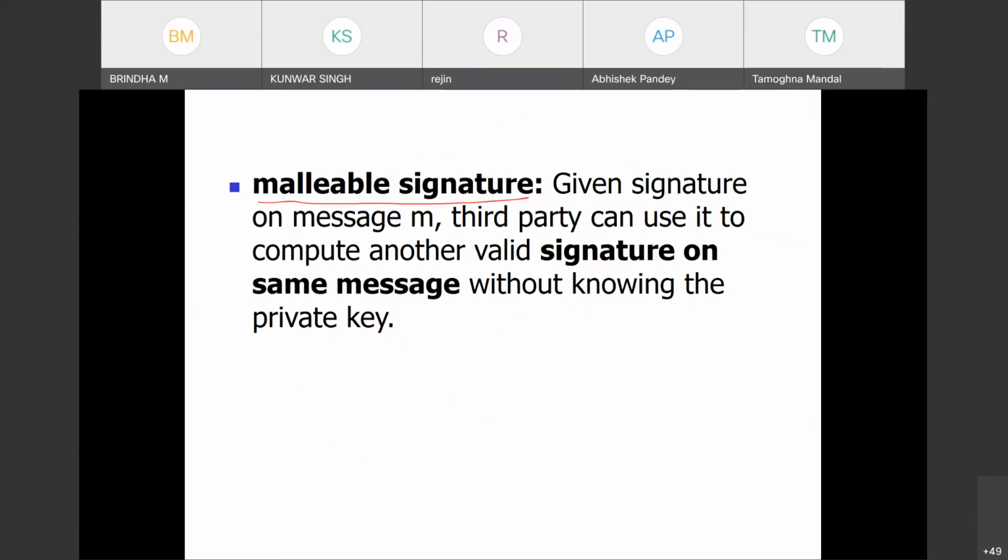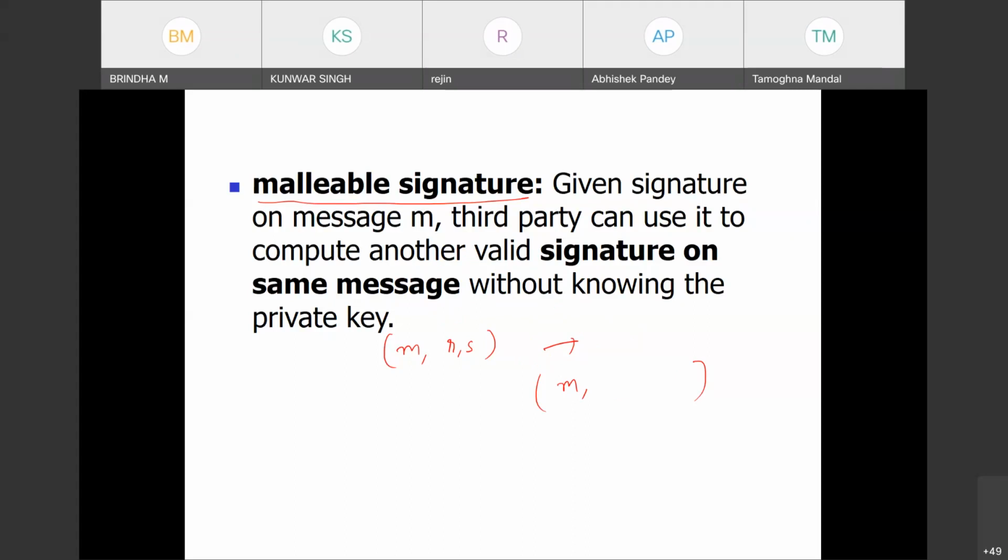As you know, the signature requires a private key. So if you know R, S, the elliptic curve digital signature on M, then easily you can get another signature on M without knowing the private key. That is the meaning of malleable. It should not be, but it doesn't cause much problem.